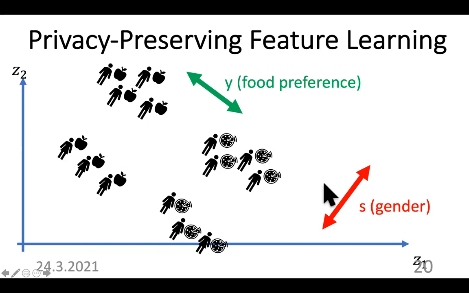Okay, so the height and the weight might actually not be good in this case, because they might provide information to predict the gender. But there might be other features that can be learned for only predicting the food preference, but not allowing to predict the gender or the name of a person, the identity.